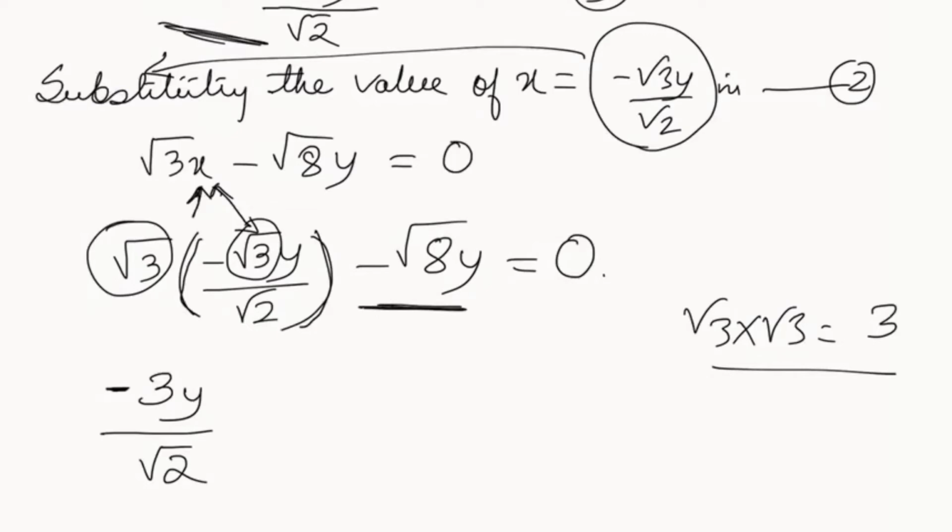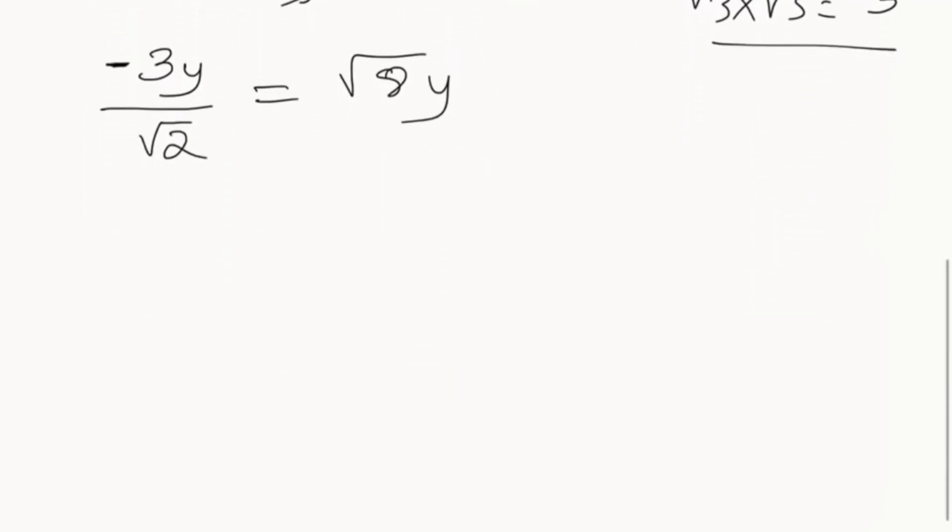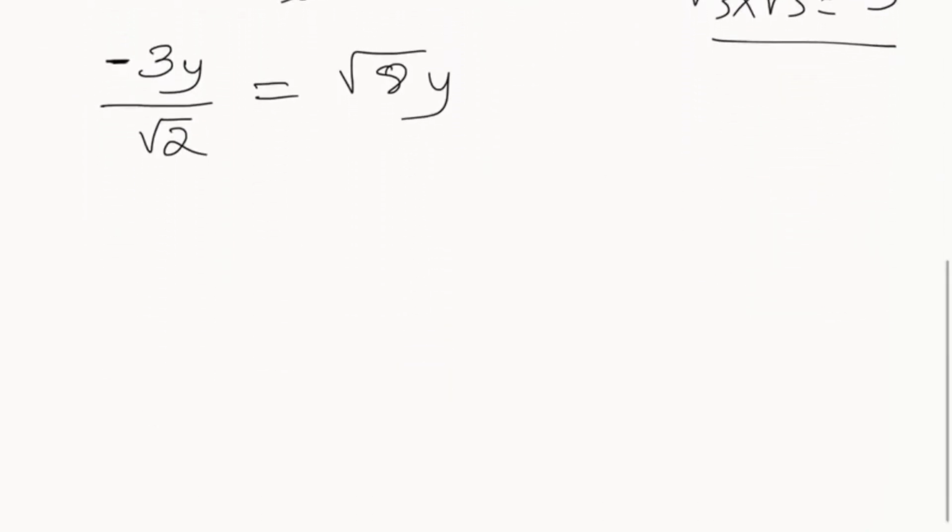And what about this minus root 8y? We transport this minus root 8y this side, which will become positive, so minus 3y divided by root 2 equals root 8y.